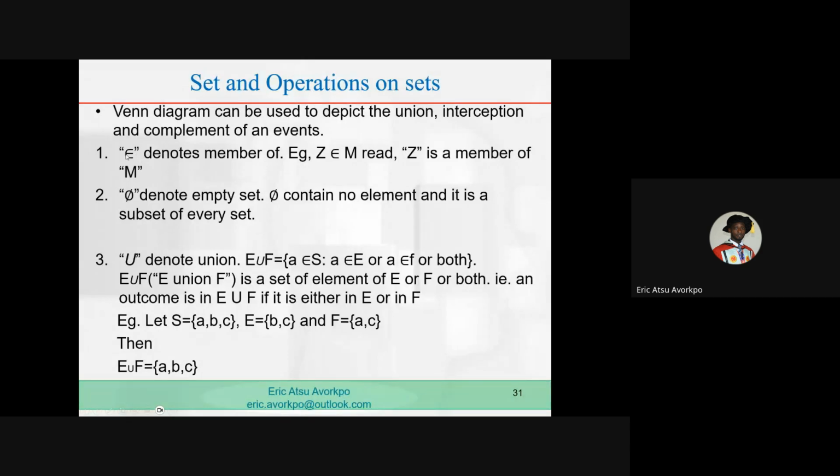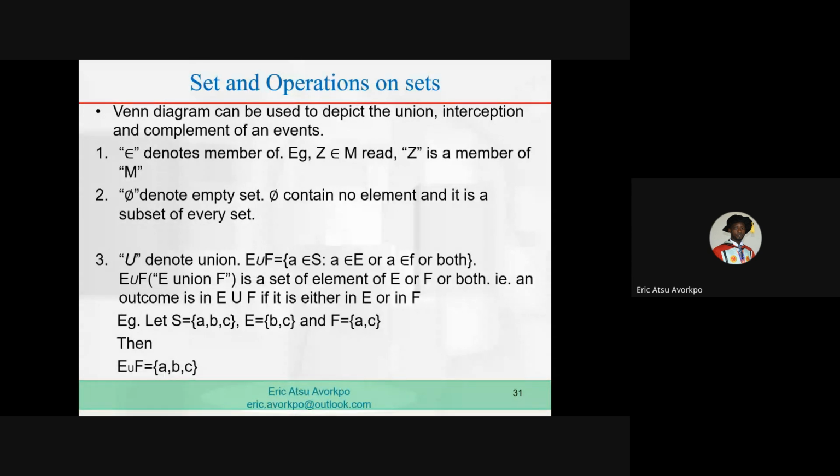Anytime you see this notation, it denotes a member of something. So if we say Z ∈ M, it is read as Z is a member of M.